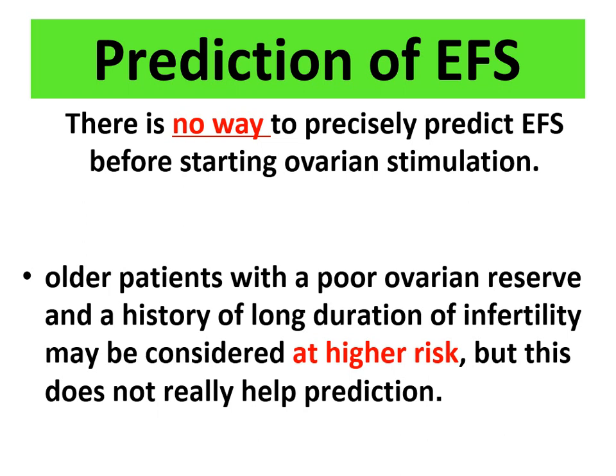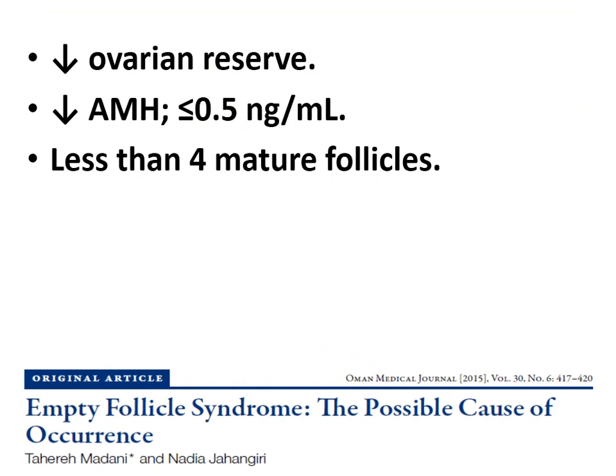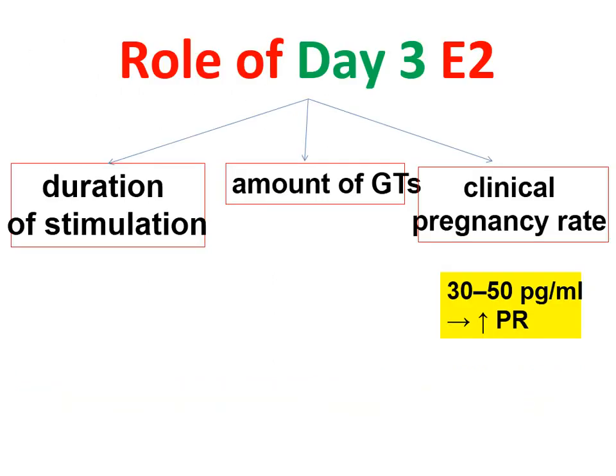But we have to consider this syndrome during counseling of old cases, because I told you they have old ovaries and poor ovulation and poor function of the process of folliculogenesis, and they are at high risk of empty follicle syndrome. Also, patients with decreased ovarian reserve, antimullerian hormone less than 0.5, and fewer than 4 mature follicles on folliculometry are liable to have empty follicle syndrome.